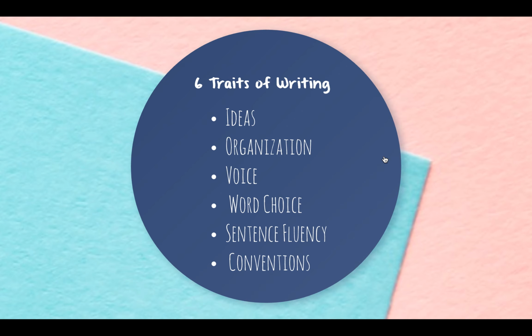So all of these 6 traits go hand in hand, just like everything else we've connected. And their ideas go with the organization in the way that, let's say you're having a conference with one of your students and one of their ideas could be better or go better in a different direction, and that's something you want them to realize, and you want them to organize their thoughts appropriately, so that when the time comes for them to write their story, they will be on the right track.